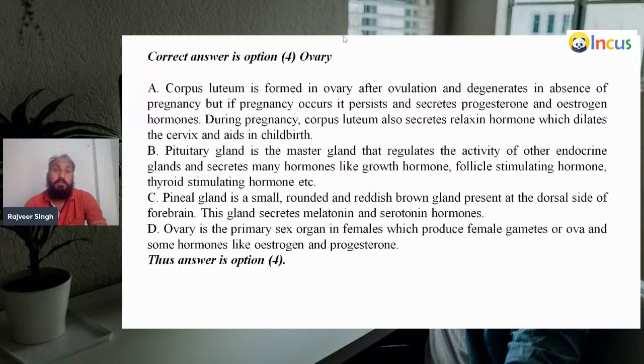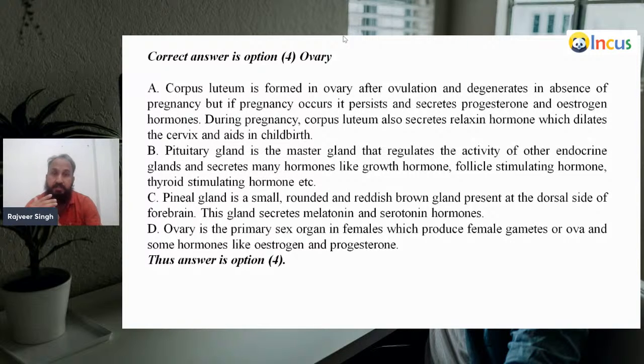Then, if I talk about the pituitary gland, here you should know it is the master gland that regulates the activity of the other endocrine glands and secretes many hormones like growth hormone, follicle stimulating hormone, FSH, thyroid stimulating hormone, etc. Then the pineal gland is a small, round, reddish brown gland present at the dorsal side of the forebrain.